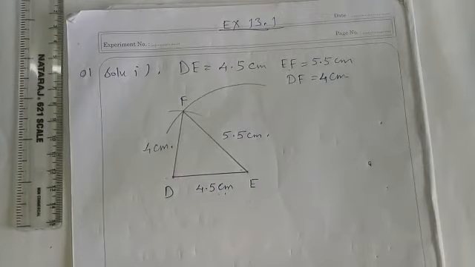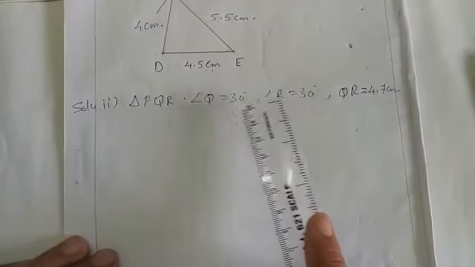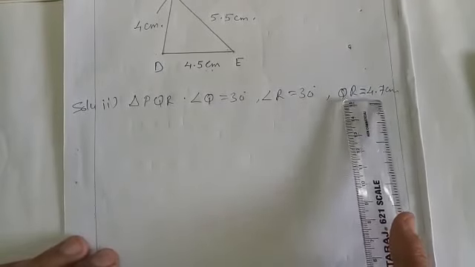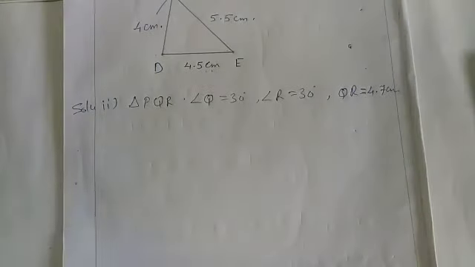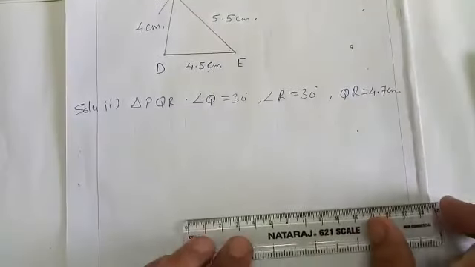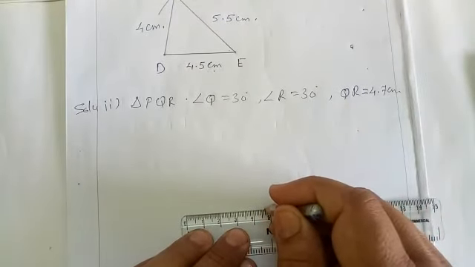Is it clear? The second question: triangle PQR, angle Q equals 30 degrees, angle R equals 30 degrees, QR equals 4.7 centimeter. The same way, first draw a line segment QR of 4.7 centimeter.